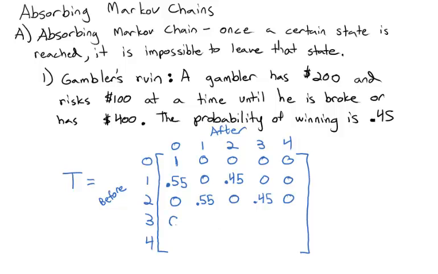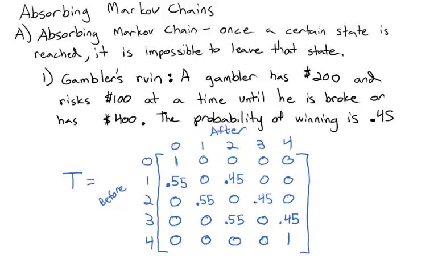We can fill in the third row with 0, 0, then there's a 0.55 he'll drop down to 2, a 0 he'll stay at 3, and a 0.45 that he'll go up to 4. But once he reaches 4, he has doubled his money, so he's going to stay at 4, 100% probability, 1.0 all the time. No loss to 0, 1, 2, or 3.